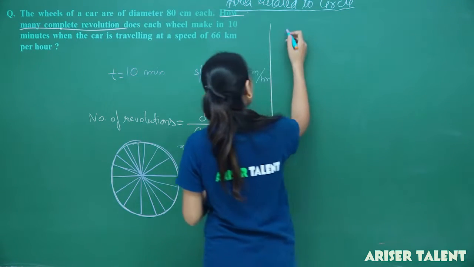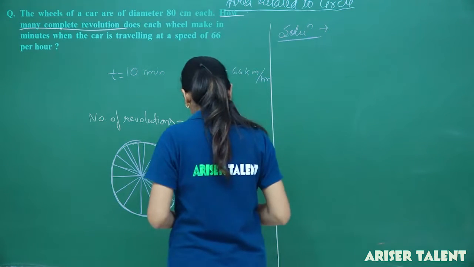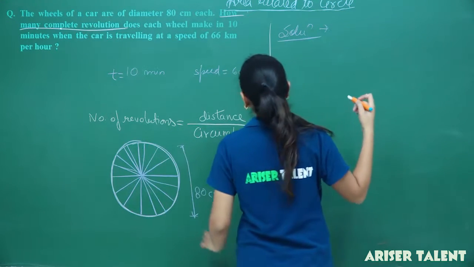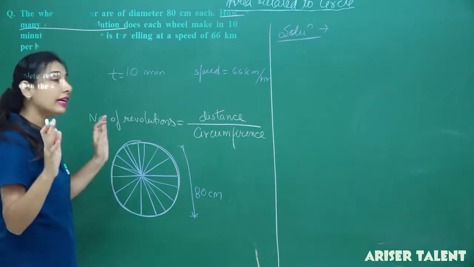Now students, coming to the solution part. Listen to me carefully. If you have this speed of 66 km per hour, what does that mean?